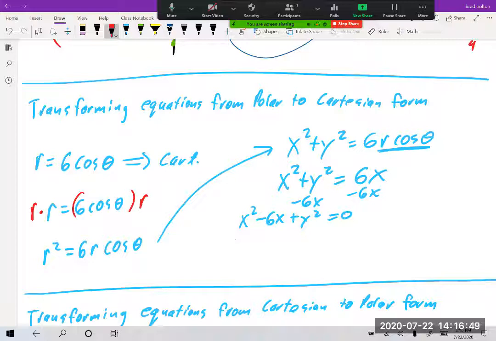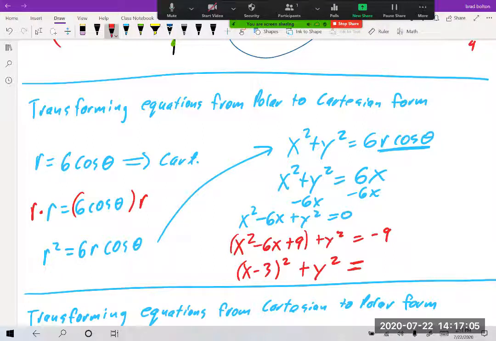Now we complete the square and we do x squared minus 6x plus 9 plus y squared equals 9. So now we have x minus 3 quantity squared plus y squared equals 9, or 3 squared.